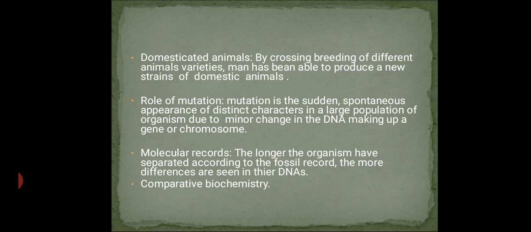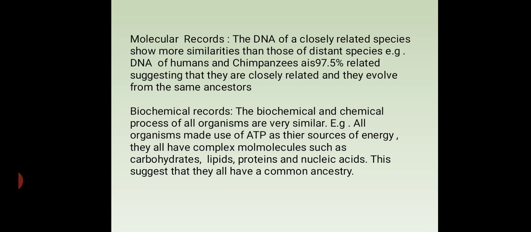Another evidence of organic evolution is molecular record. The longer the organisms have separated according to the fossil record, the more differences are seen in their DNA. The DNA of closely related animals show more similarity than those of distant species.